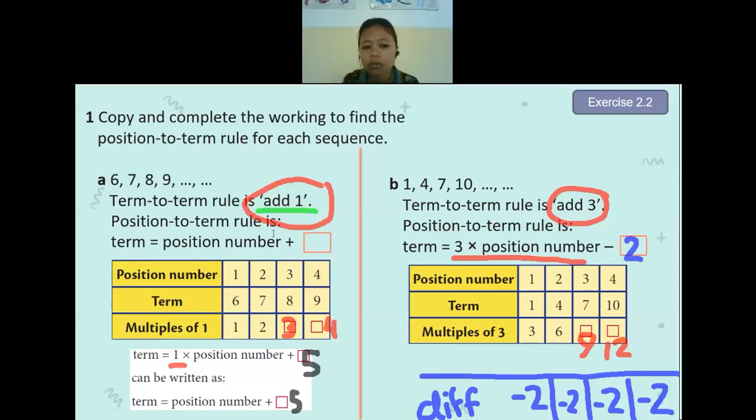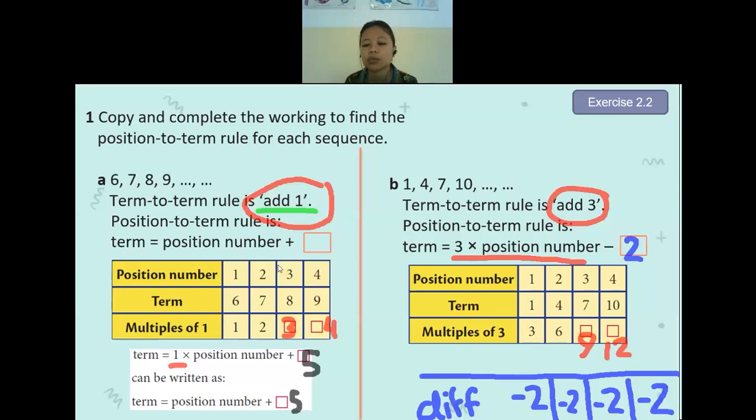Oh, you are confused about how to get 3 times position number. It's automatic: if the term to term rule is 3, it will be 3 times position number. If the term to term rule is 7, directly 7 times position number.